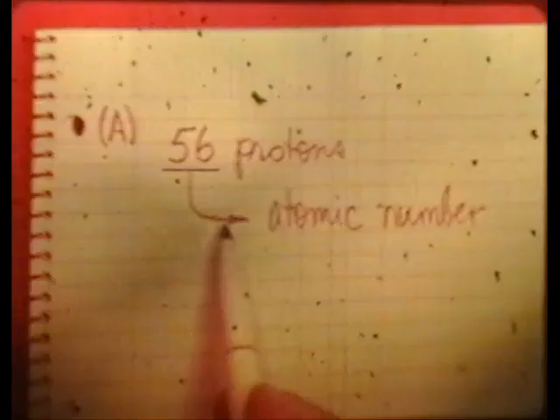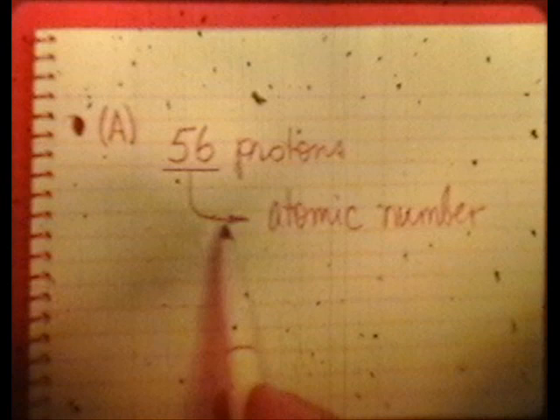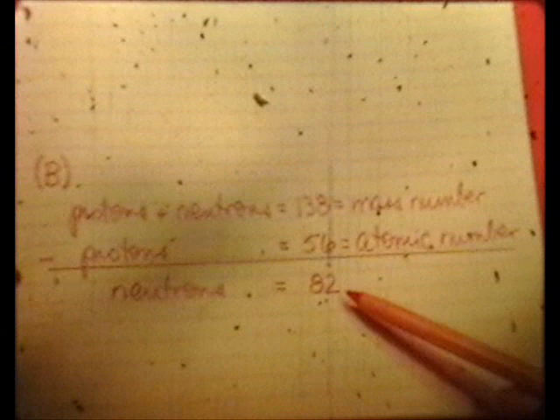In answer to A, the number of protons is the atomic number, so the atomic number is 56. The number of neutrons, asked in B, can be found by subtracting the number of protons from the total number of protons plus neutrons, or, in other words, by subtracting the atomic number from the mass number. 138 minus 56 gives you 82 neutrons.